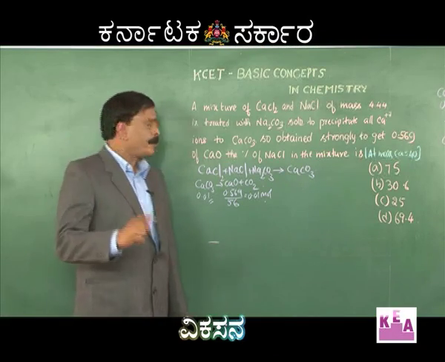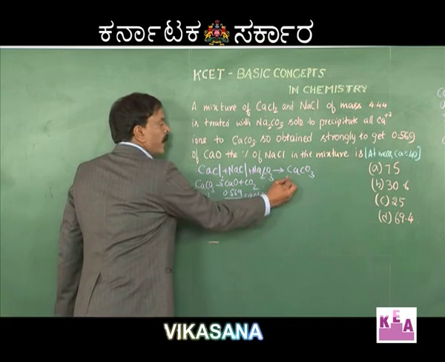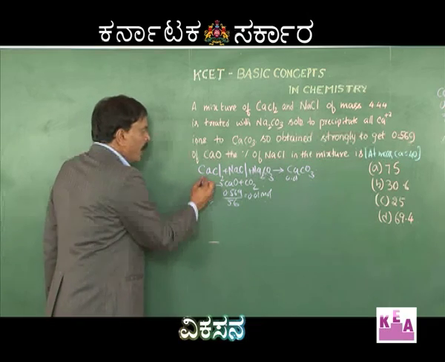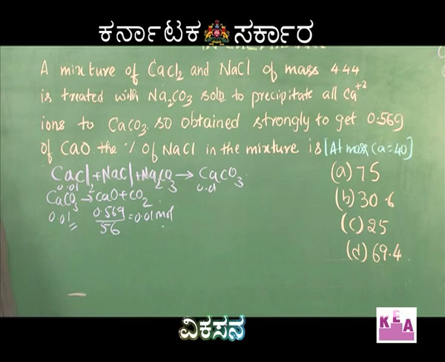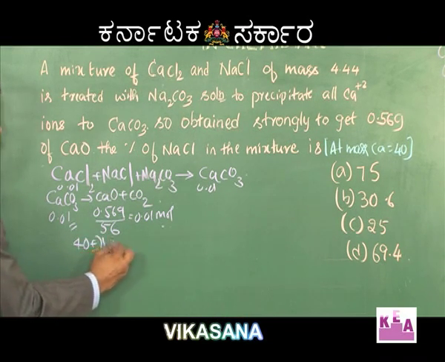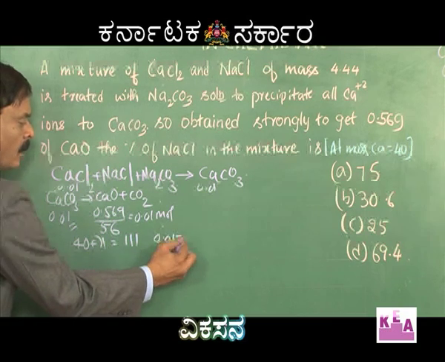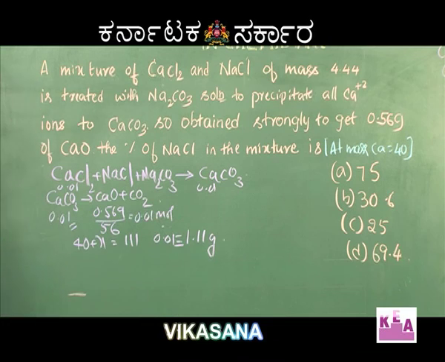And therefore, you have to get 0.01 moles of calcium carbonate from this reaction. For that, we require 0.01 moles of calcium chloride. The molecular mass of calcium chloride is 40 plus 71, that is 111. Therefore, 0.01 moles of calcium chloride turns out to be 1.11 gram.